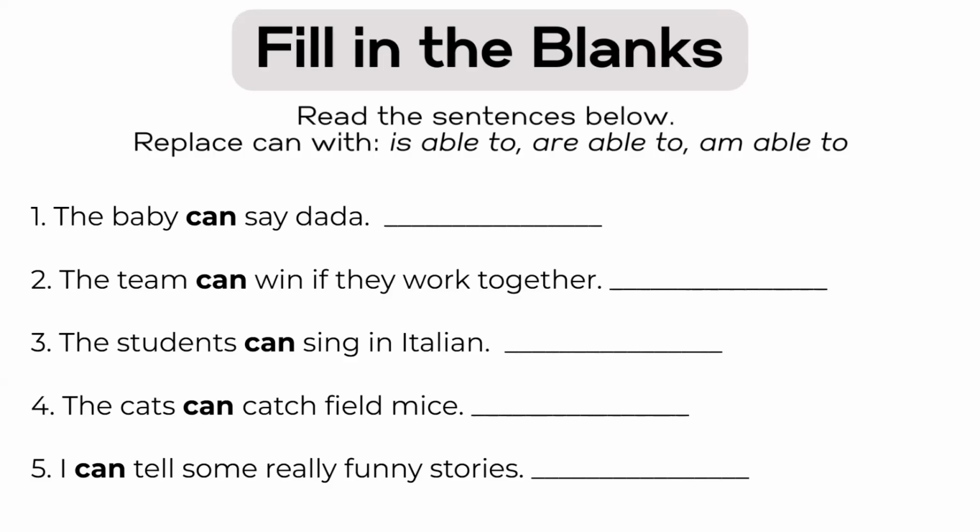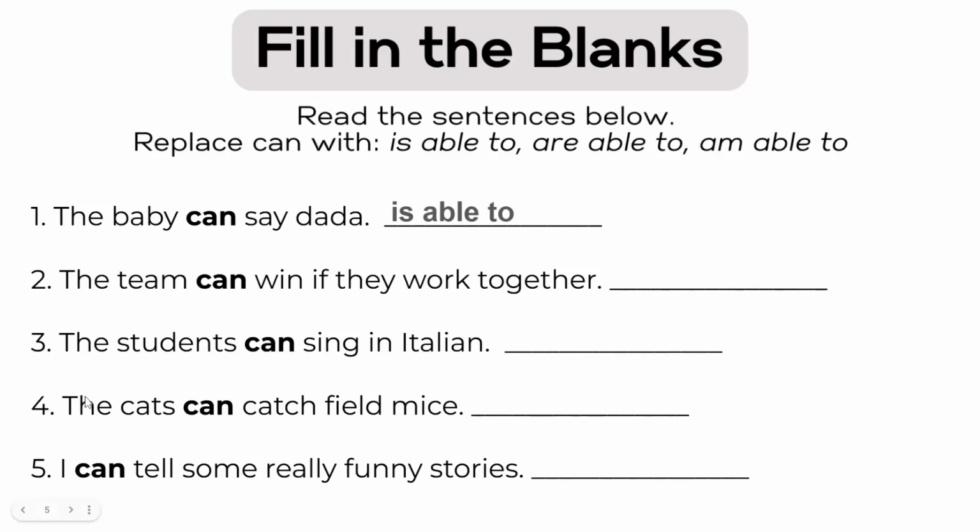Okay, let's take a look at number 1. Number 1 says, the baby can say dada. So the baby is a he or she, so we want to use is able to. Let's read this sentence using is able to together. Number 1, the baby is able to say dada. All right, now let's look at number 2.